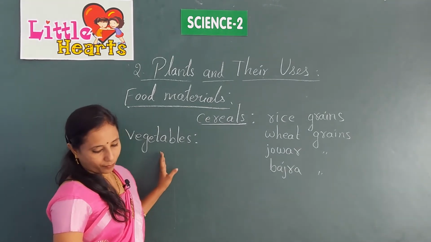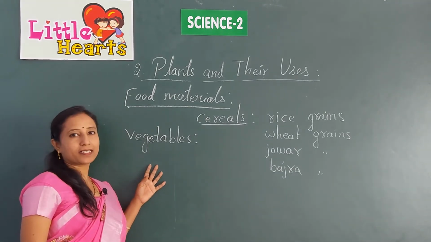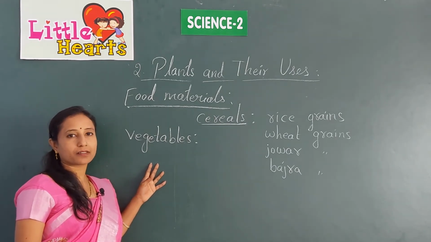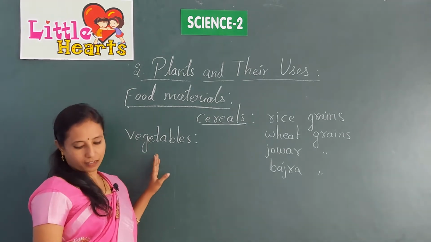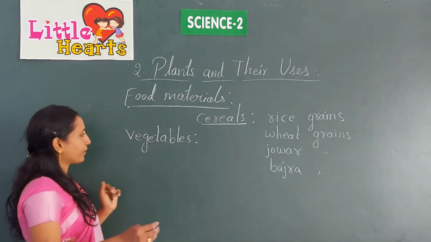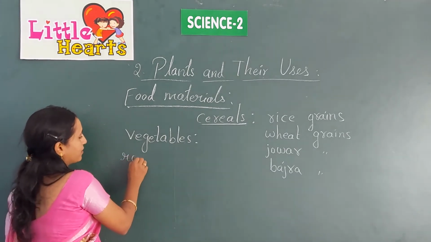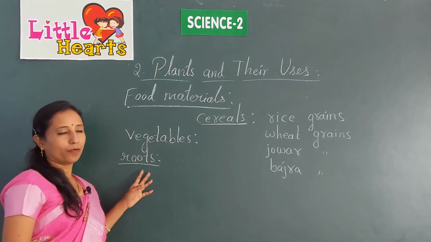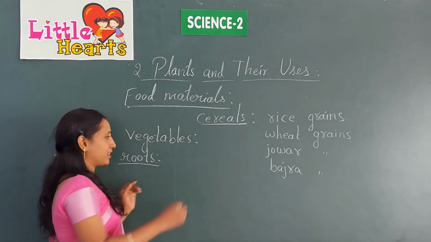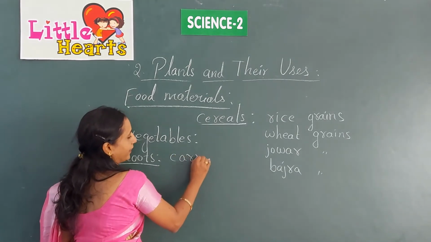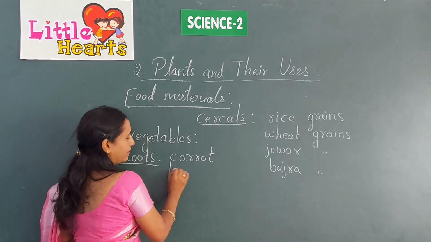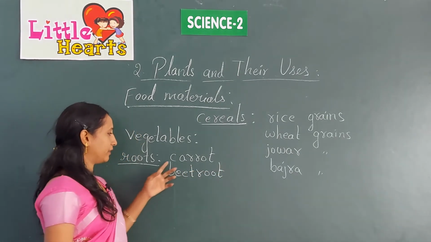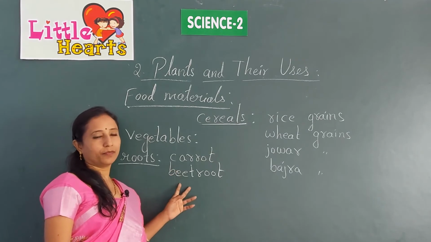Yes, we get different varieties of plants, and we get different kinds of vegetables. Out of those there are roots. In vegetables we have roots. What kind of roots do we eat? We eat carrot, beetroot. These are the roots which we eat.